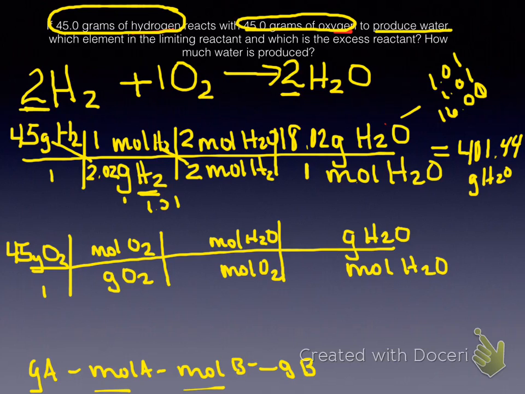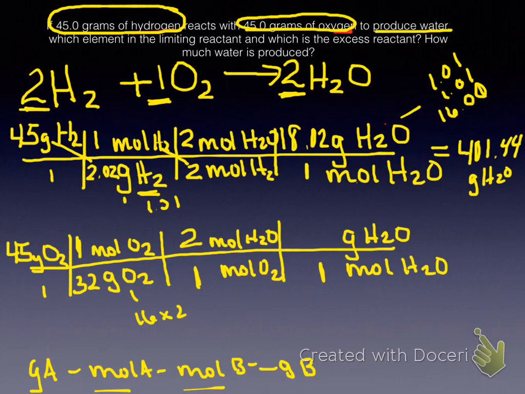When I have moles and grams, it's 1 mole equals the molar mass. So 1 mole equals 32 grams of oxygen. When it's moles and moles, I look at the mole ratio. The coefficient for water is 2. Coefficient for oxygen is 1. So there's my mole ratio for water to oxygen. And then finally, last step, 1 mole is equal to the molar mass of water.